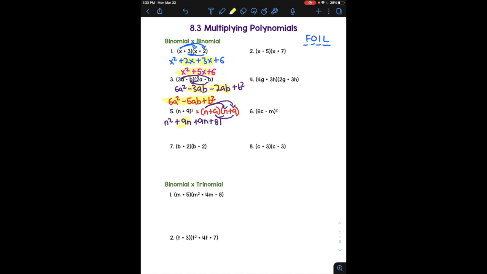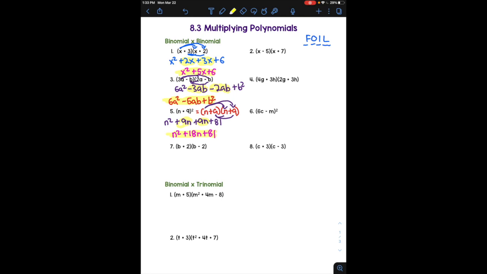Combining our like terms, 9n and 9n will give us 18n, resulting in our answer, n squared plus 18n plus 81. Notice in problems 1, 3, and 5, multiplying a binomial times a binomial, our resulting answer is a trinomial, or 3 terms, which does happen more often than not.